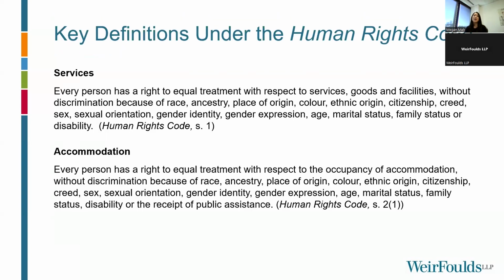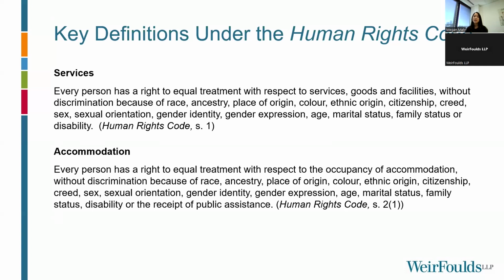Now, I've set out on the screen the applicable sections of the Human Rights Code related to services and accommodation. And you'll see that these sections list the protected grounds under the code that I alluded to earlier.